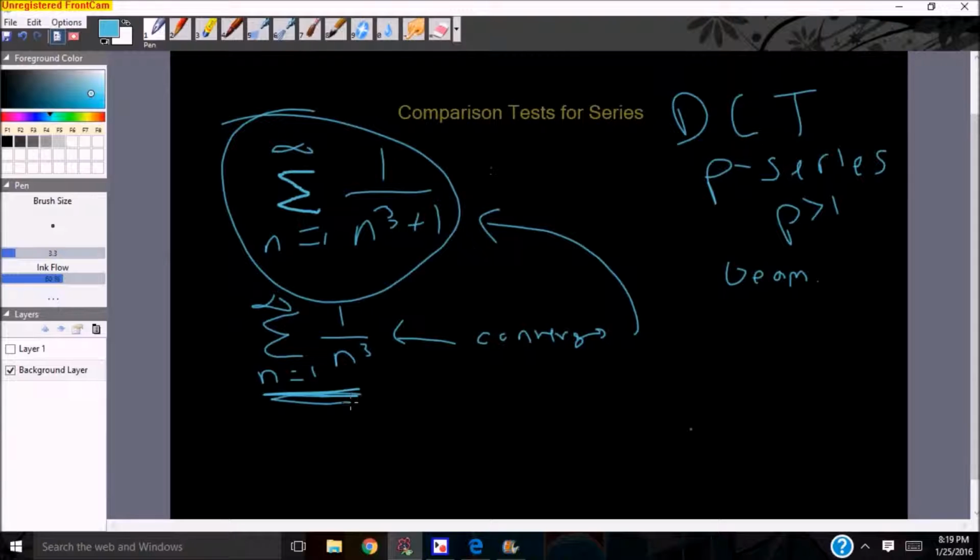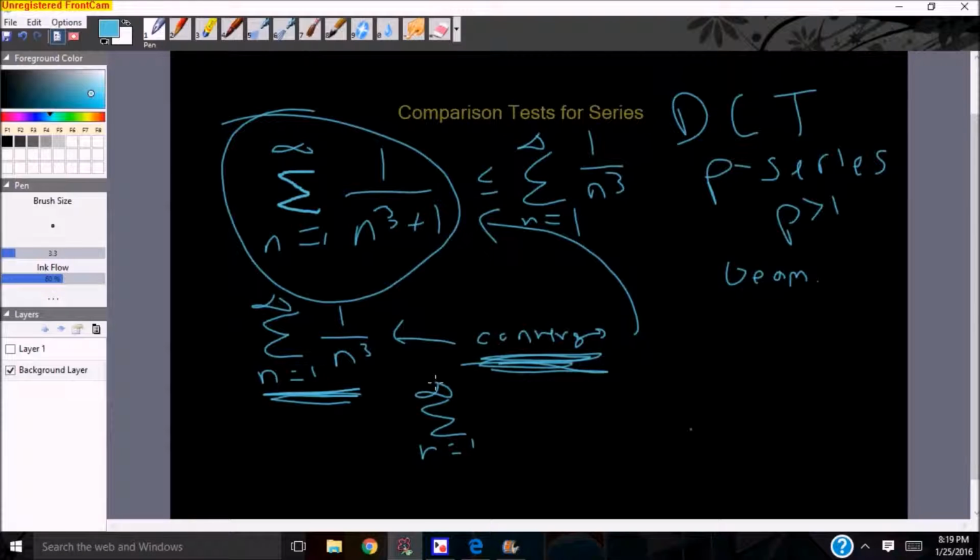That means that this series, the one we're trying to compare, is always going to be smaller than 1 over n cubed. And since it is always smaller than it, and this thing here converges, we now know that this series from 1 to infinity of 1 over n cubed plus 1 also converges.